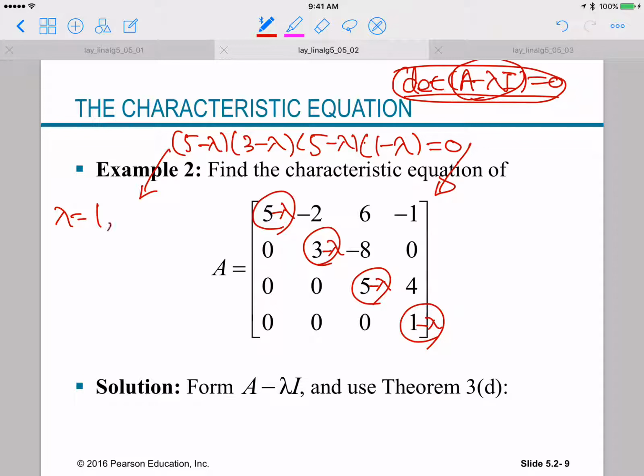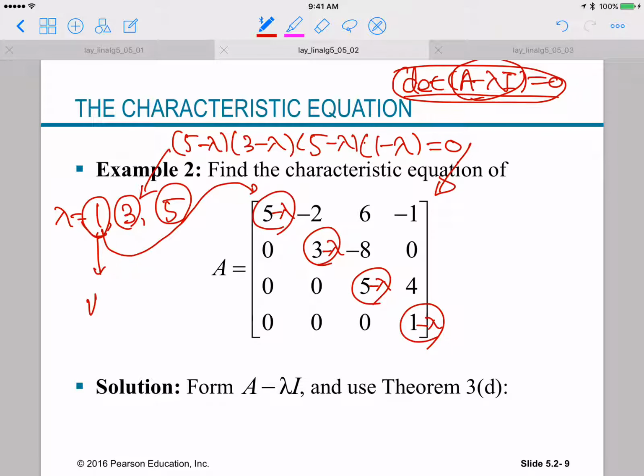Lambda can be 1, 3, and 5. Okay. And then for each of these values, we plug them in and solve for its eigenvector, right?